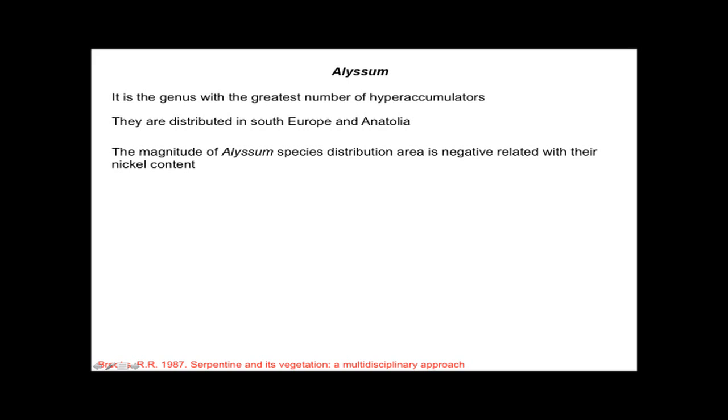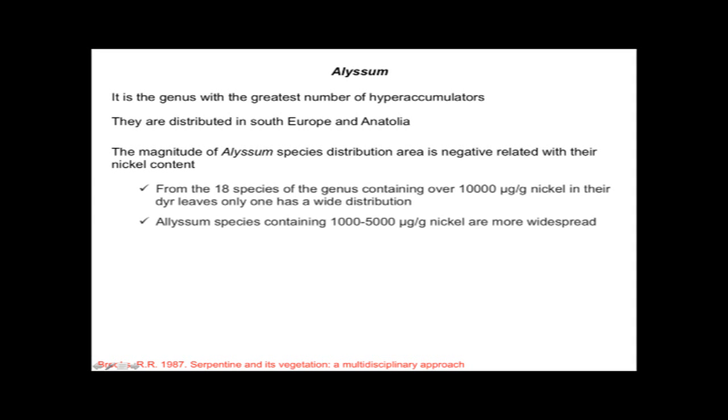And it is found that the area of distribution of Alyssum species is negatively related with the nickel content of the hyperaccumulators. Specifically, from the 18 species of the Alyssum genus containing more than 10,000 micrograms per gram, high amounts of nickel, in their dry leaves, only one has a wide distribution.